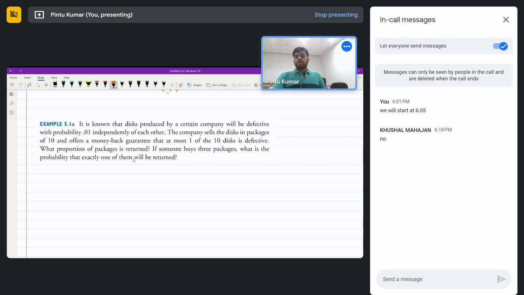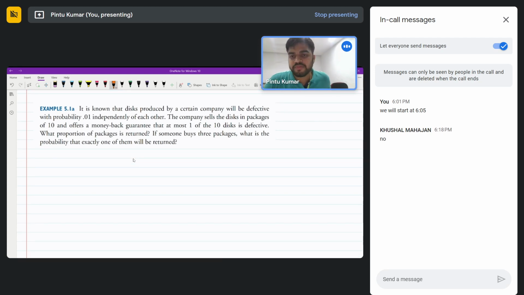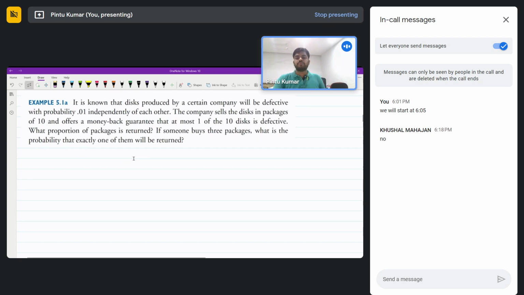Okay. So the question says, it is known that a disk produced by a certain company will be defective with probability 0.01. Okay. So let's say for a Bernoulli trial, your event of success, that is 1, is that your disk is defective. Then the p parameter that you have is 0.01. And independent of each other, that is the condition for Bernoulli trials becoming your binomial distribution.